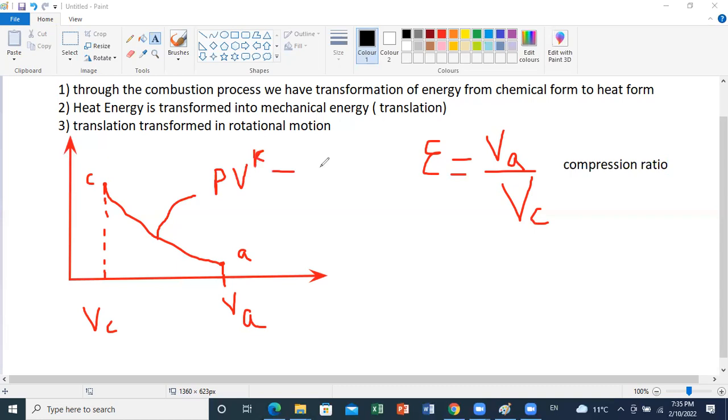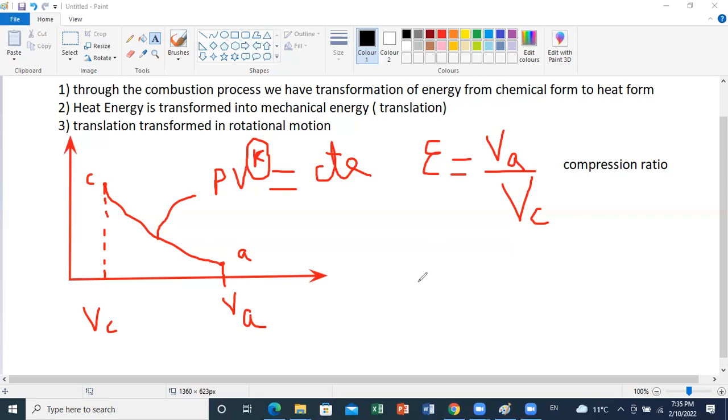So whenever I tell you that you have an adiabatic phase, you can say that the equation driving this phase is the one relating pressure and volume, which is PV to the power K equal to a constant. Okay, so all you need is to know K. K is a characteristic of the fluid. So let's say for air, we have certain values of K. For other fluids, we can have different values. So K in general is given for you.